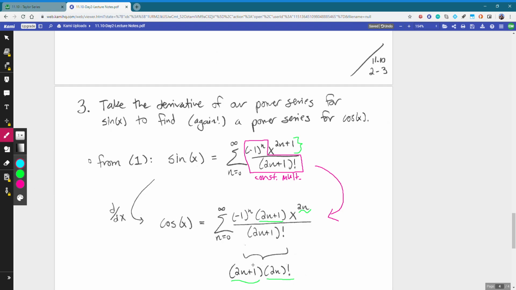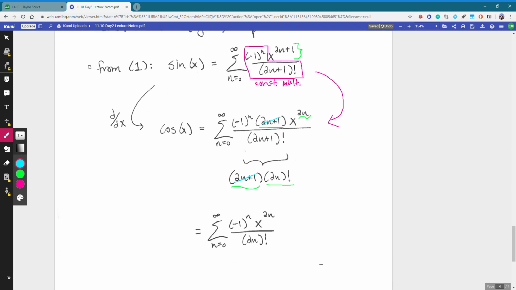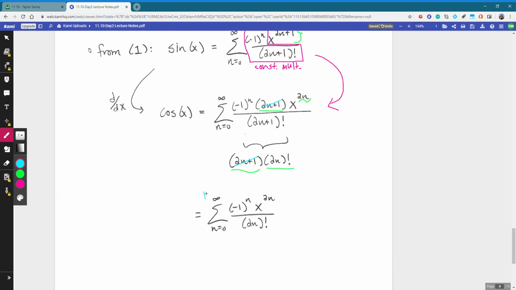Separating off that top factor, it'll cancel with the 2n plus 1 up top, and we're just left with the 2n factorial in the bottom. Once again, we get this Taylor series for cosine of x, and it does exactly match the one that we found just a few moments ago. So that's another way that we could get at that.